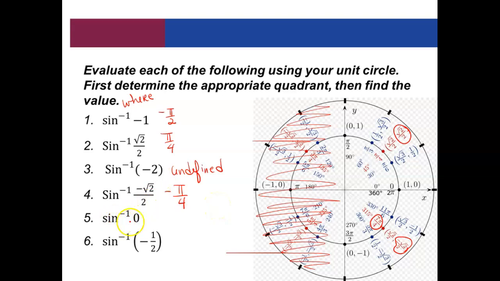Okay, where is sine 0? Sine is 0 here, so I'm going to give 0 as my answer. And then last, where is sine -1/2? Sine is -1/2 here in the fourth quadrant, but instead of 11 pi over 6, I'm going to write negative pi over 6.